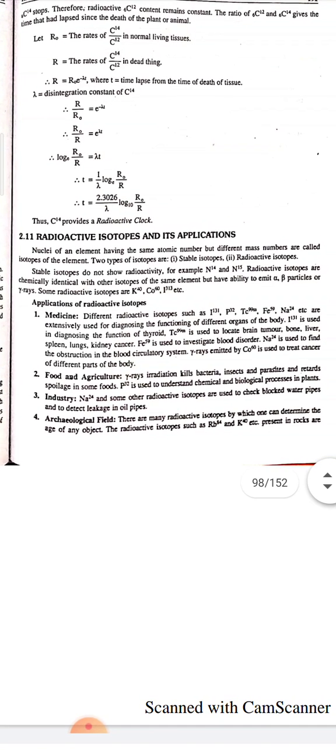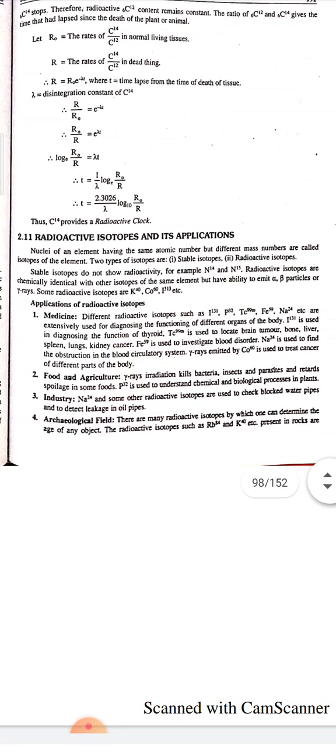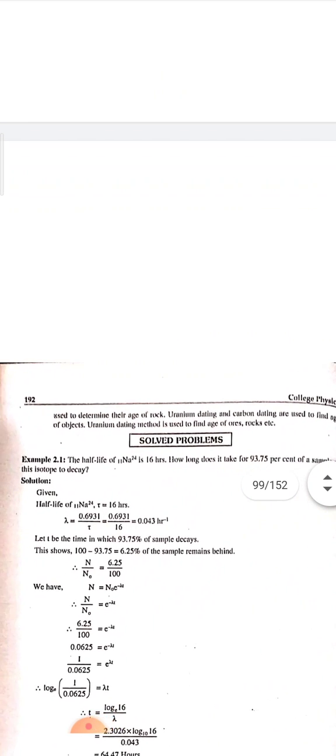Then tantalum is used to locate brain tumor, bone, liver, spleen, lungs, kidney cancer, etc. Iron is used to investigate blood disorders. Sodium is used to see obstruction in the blood circulatory system. Gamma rays emitted by cobalt are used to treat cancer. There are different applications in the food and agricultural industry and archaeology that you can see here.